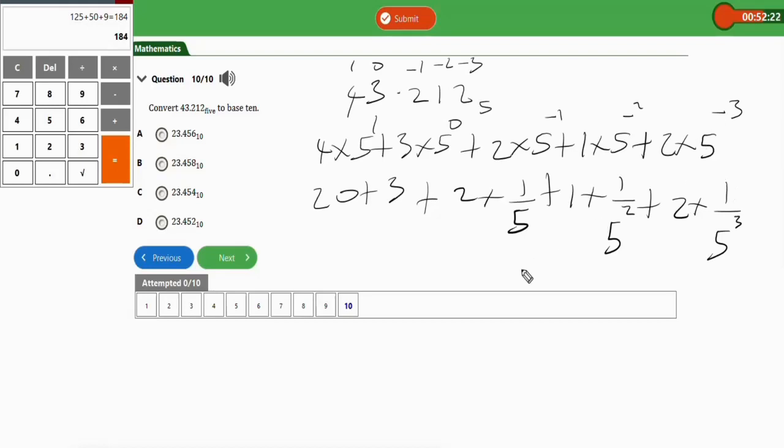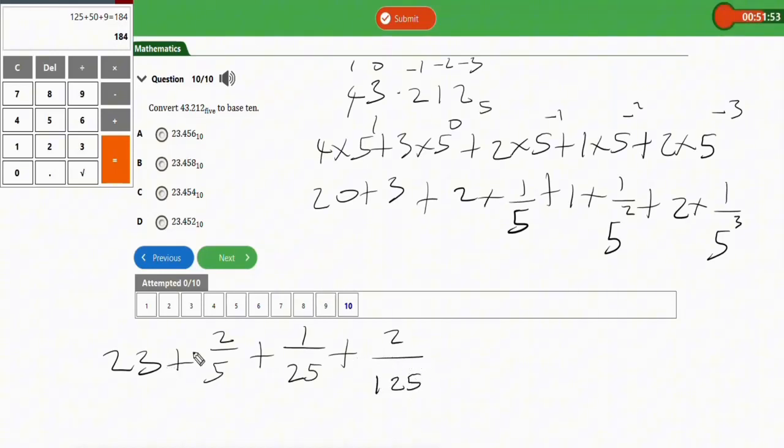So this is another way you can express it. So when you simplify this the more, you're going to have 23 plus, this is going to give us 2 over 5 plus, so this is going to give us 1 over 25. Alright, plus it's going to give us 2 over 125.